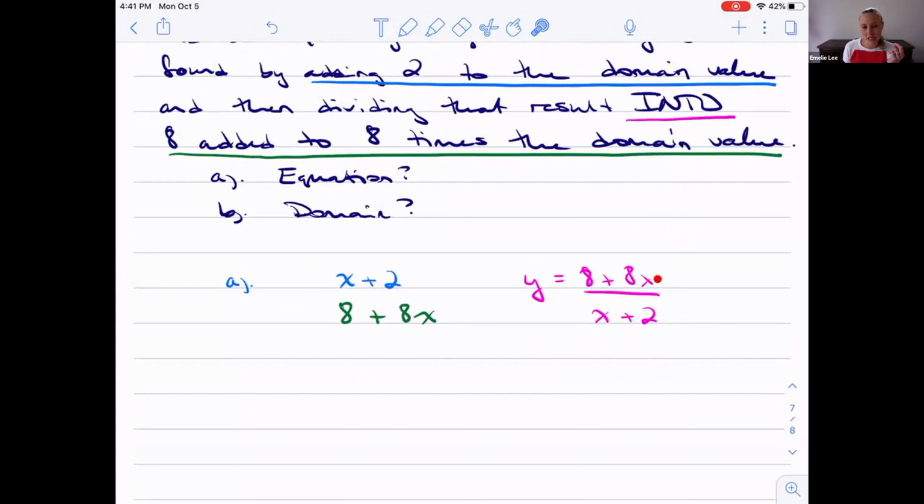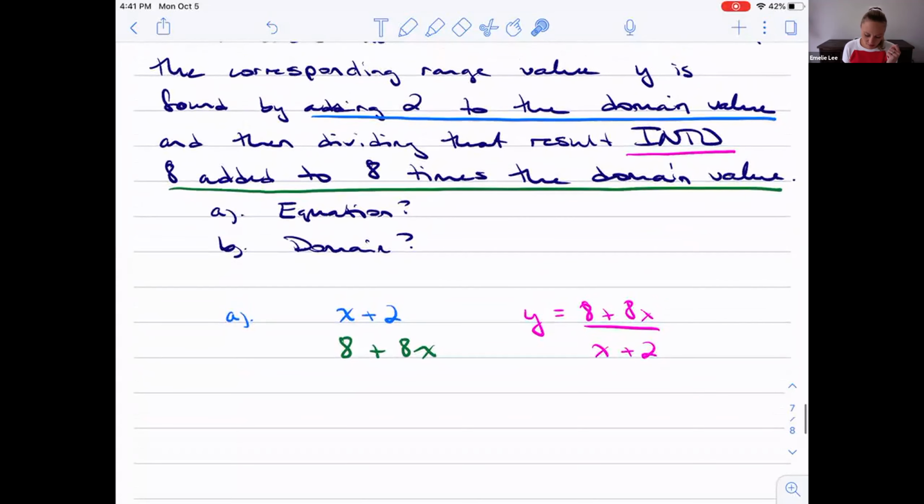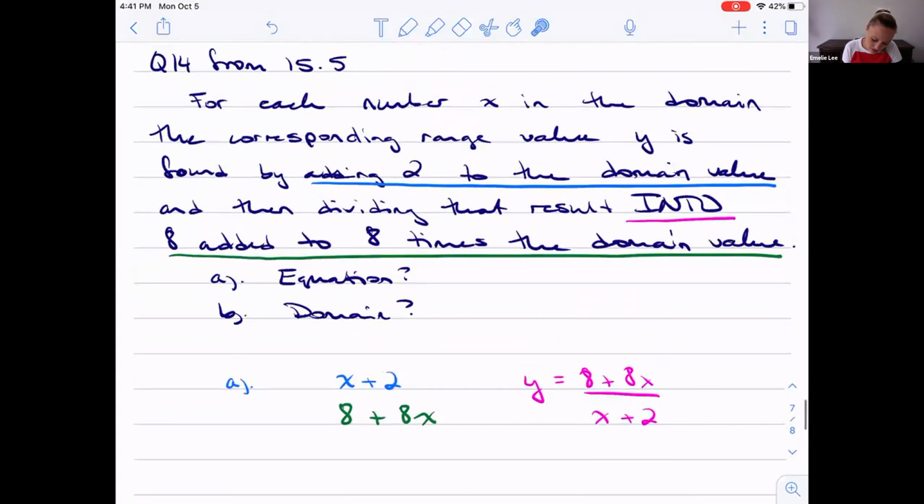You can pull out a common 8 here. Oh yeah. So the x plus 2 is in the denominator because it's found by adding 2 to the domain value. What I did was I broke it down into little pieces. So the light blue is adding 2 to the domain value, right?